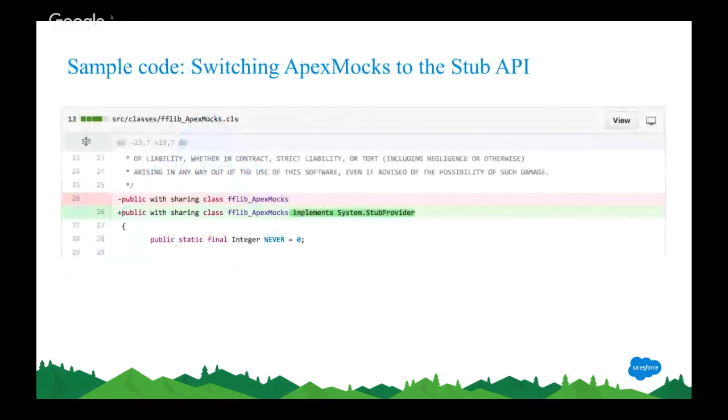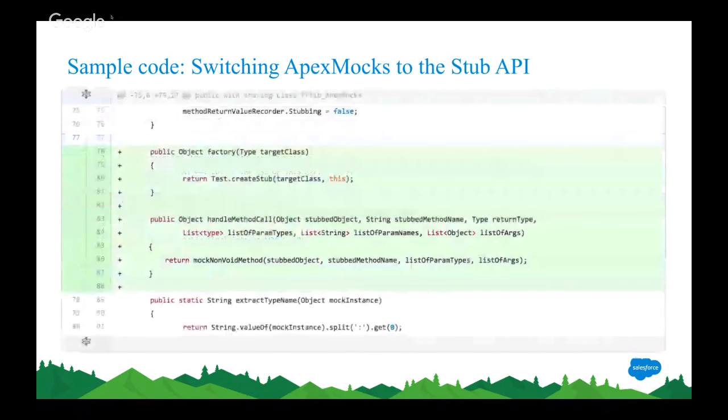So how did we go about changing ApexMocks to use the Stub API? The first thing we had to do is change our ApexMocks class, which, as you remember, drives everything, to implement our stub provider. A pretty simple one-line change. Then we added a couple of new methods to our ApexMocks class.